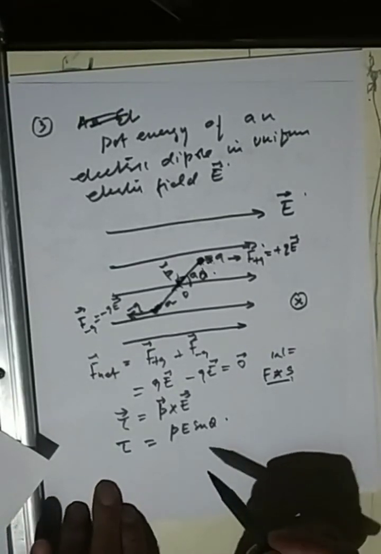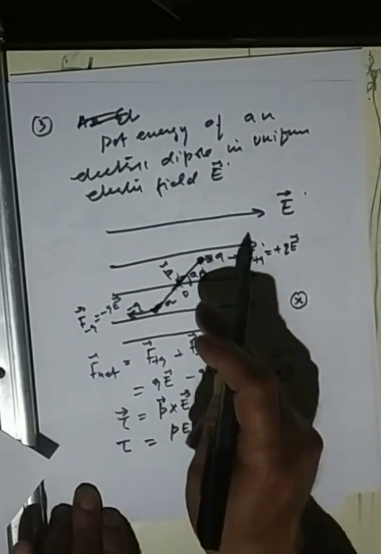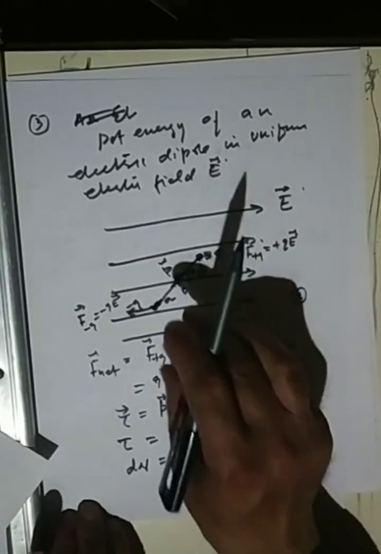Let us suppose that at any time the small work done in rotating the dipole through a small angle d theta is dW, which is equal to tau into d theta. So the total work done in rotating this dipole from an initial position theta 0 to some final position theta 1 will be given by integrating this whole thing.